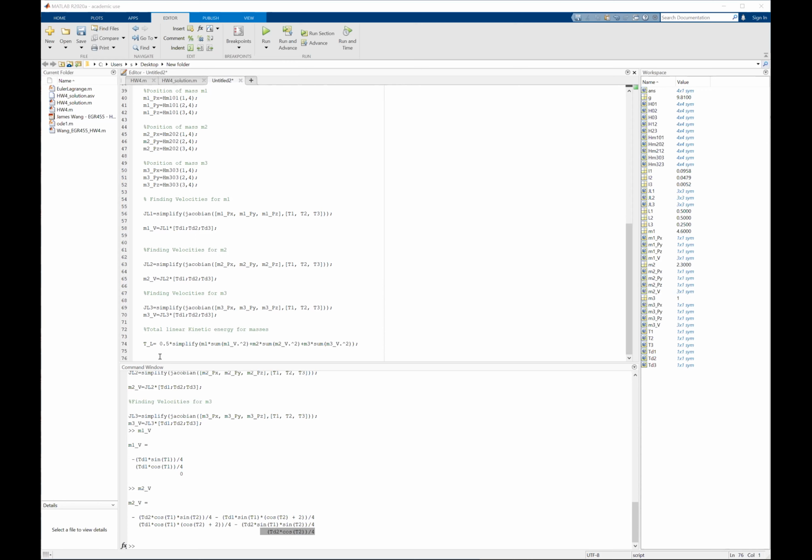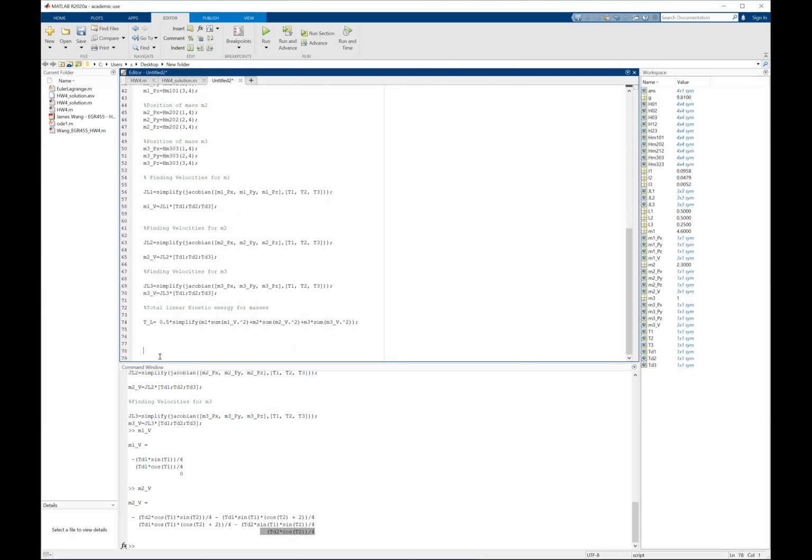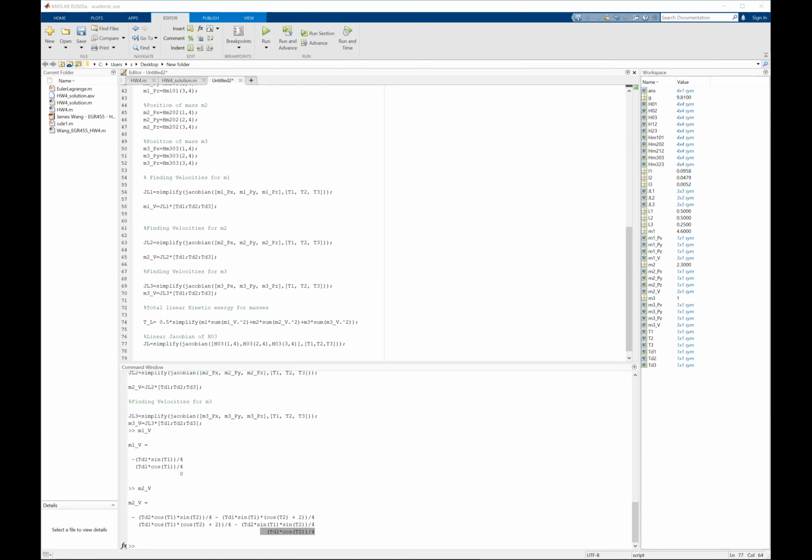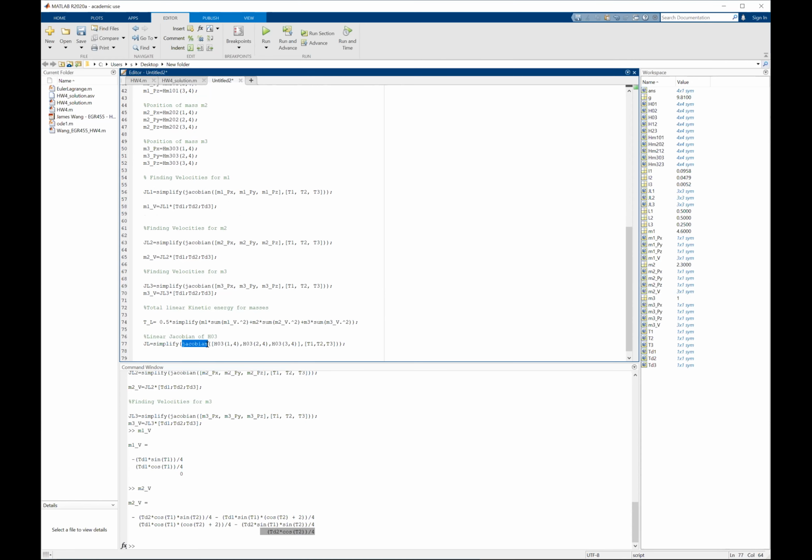Next thing is, if you want to find out the Jacobian, which is the linear Jacobian, it comes from H03. Again, you can use the matrix Jacobian function.